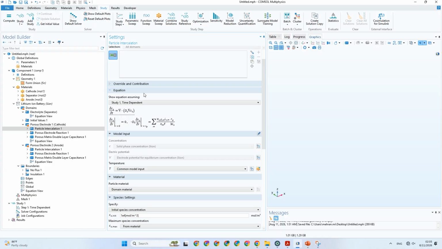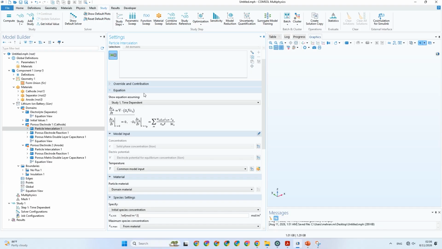This is the paper and this is COMSOL: rho CS over rho T. This is the same, you can see that, but the right part is divergence of DS gradient of CS. Because DS is a constant value, we can bring it out from the parentheses.